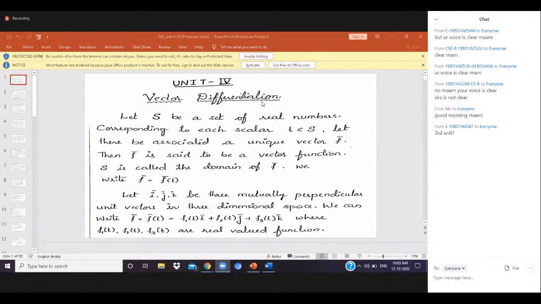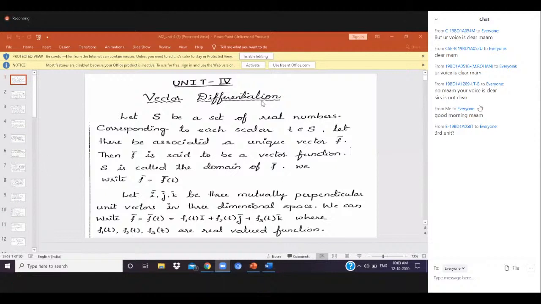Let S be a set of real numbers, and corresponding to each scalar t belonging to S, let there be associated a unique vector f bar. Then f bar is said to be a vector function. So some unique vector is associated to that function, and it is denoted as f bar equals f bar of t.